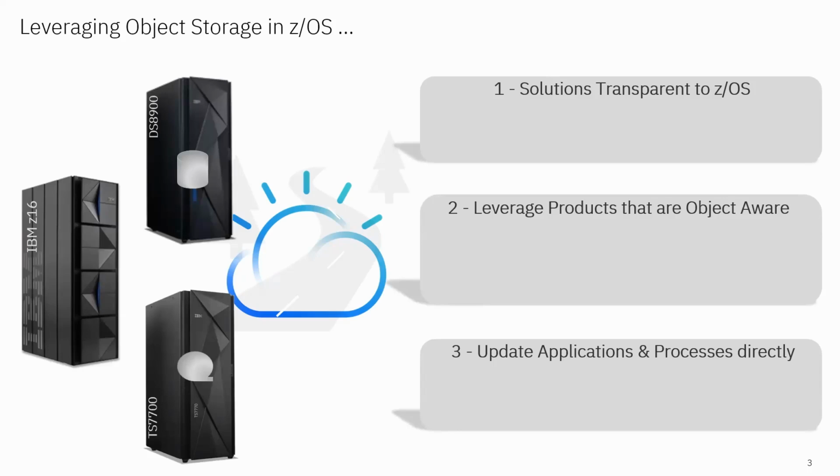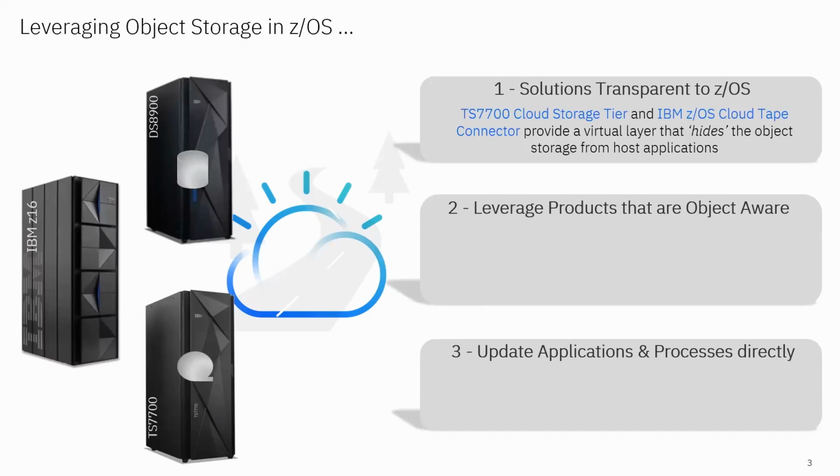So products today that target either disk or tape that now target object. And so once again, you don't have to update your applications because these products have been updated to leverage object storage without your applications being aware of that. And then the third way is to specifically update your applications and processes to directly access object storage.